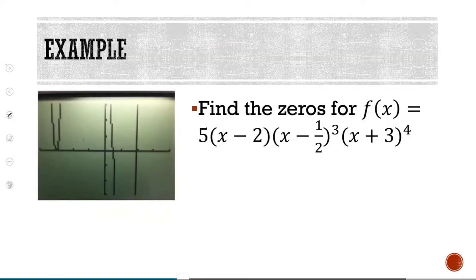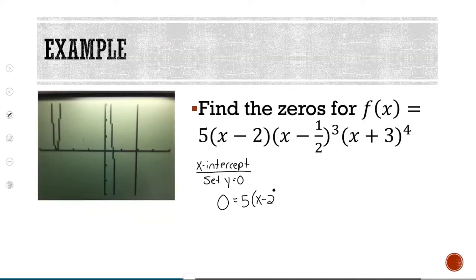All right, so if I want to find the zeros, remember that I'm finding the x-intercepts. Remember that I'm setting the equation equal to 0. Okay, and once that's done, I have to write this out again, but I'm going to jot it right here.